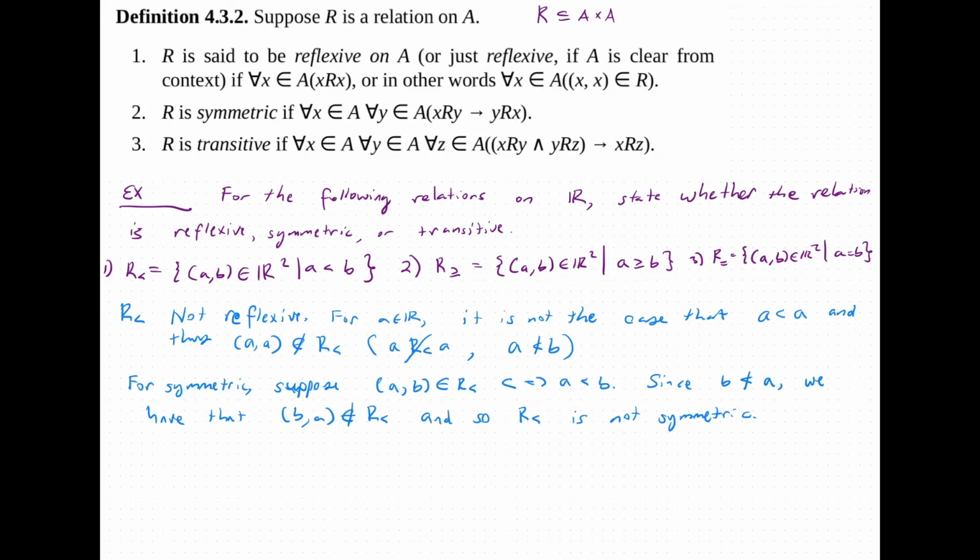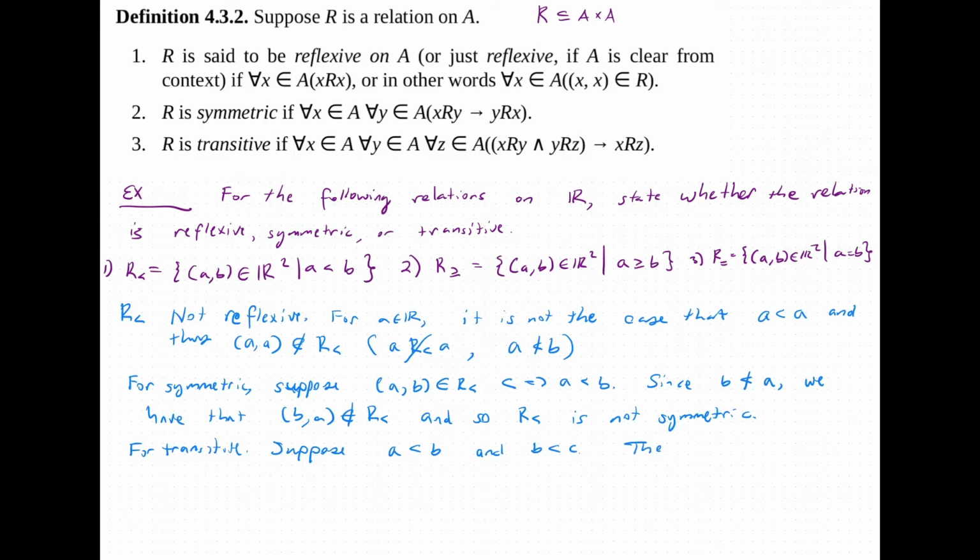What about transitive? Well, for transitive, now we have to assume that we have x R y and y R z. So suppose a is less than b and b is less than c.